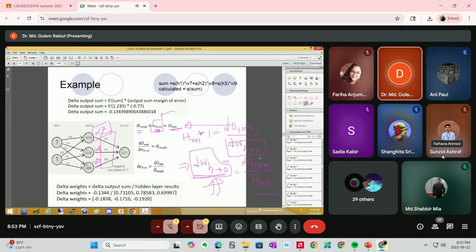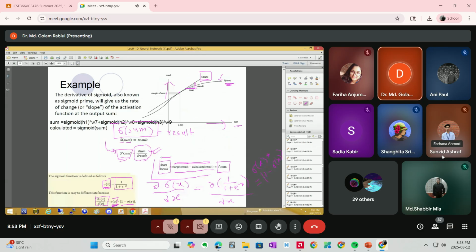Now delta O sum is what? Delta O sum is delta output sum. So we can see that the delta output sum is the derivative of the sigma of the sum times the output sum margin error. How? We have already discussed it here. This is delta sum by delta result, which is the derivative of the sigma of the sum, times the target results minus calculated results.